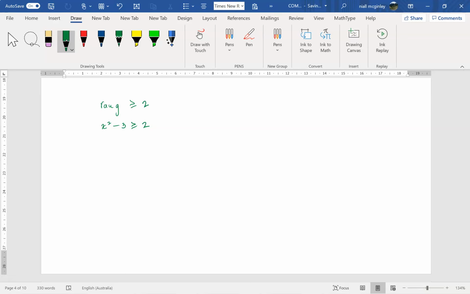And we want to solve this inequality. First of all, we want to make it equal to 0, so if we take the 2 over to the other side, we'll have this. If you're solving an inequality that's not linear, you should sketch it. You'll see that we want x squared minus 5. So x squared is going to equal 5, and x will equal plus or minus root 5.